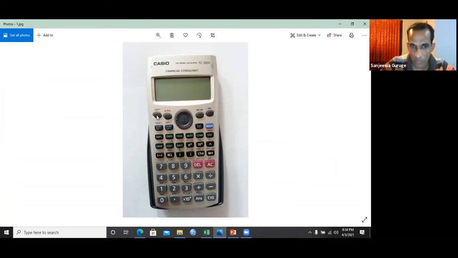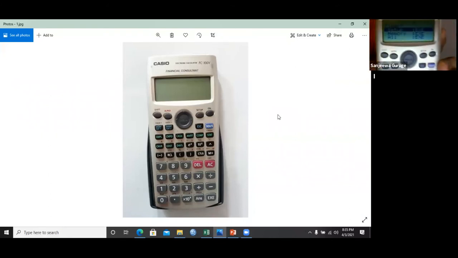So you have to press shift 9, and when you press shift and 9, you get this screen, and then you need to select all.